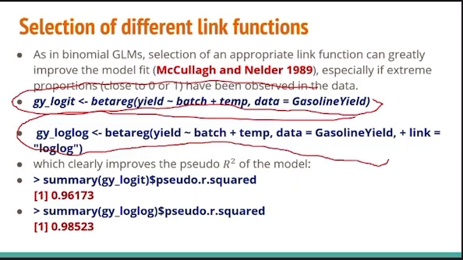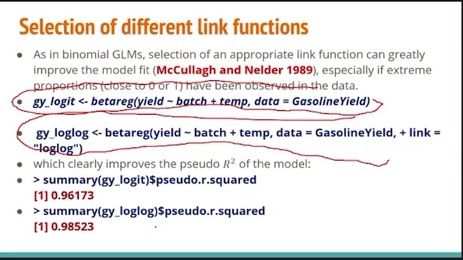Logit, in beta regression, we assume that your proportion or rate is not very close to 1 or very close to 0, so it's around 0.5. But complementary log is used when there's an extreme value of rate. Like in a fractional distillation, we normally want the majority of the crude oil to be converted to gasoline. So a situation where your rate is very close to 1, that's an extreme. We normally go with the complementary log.